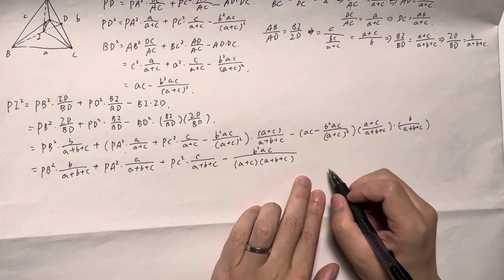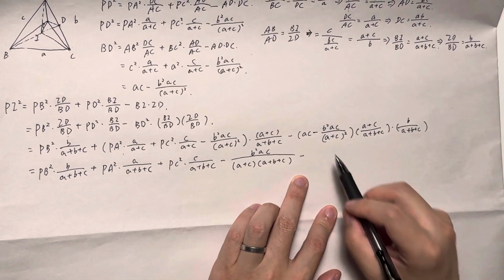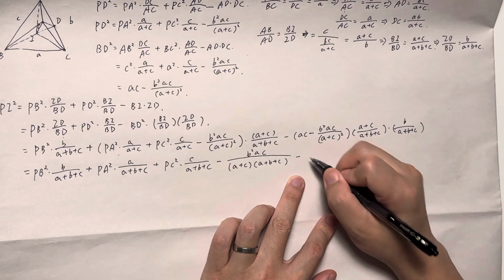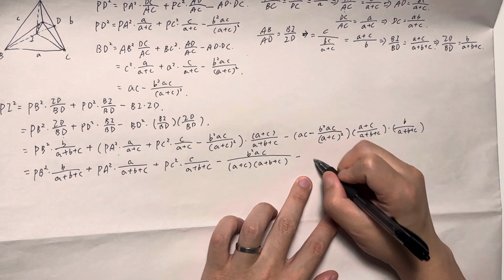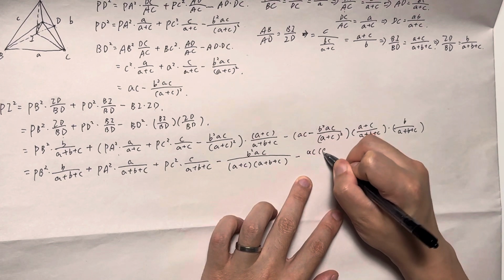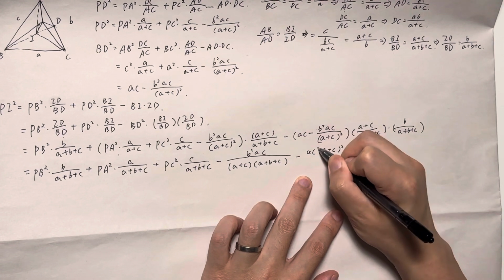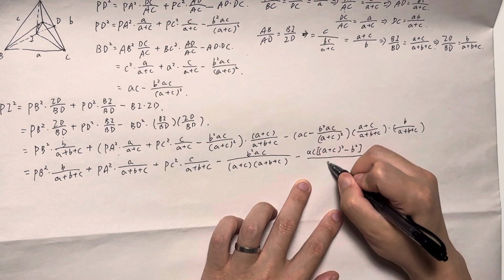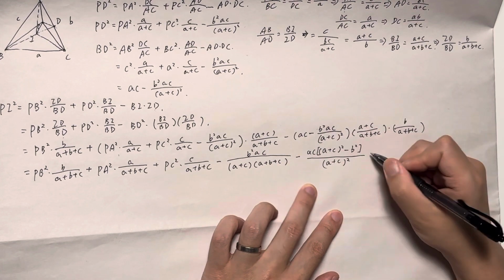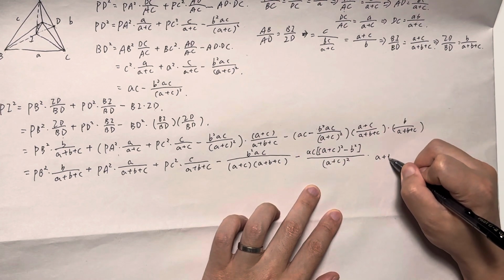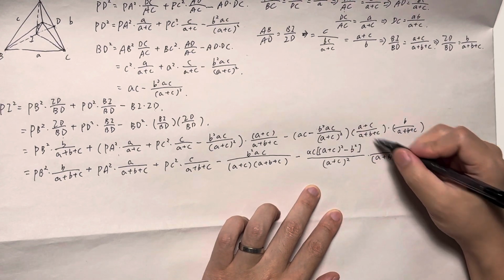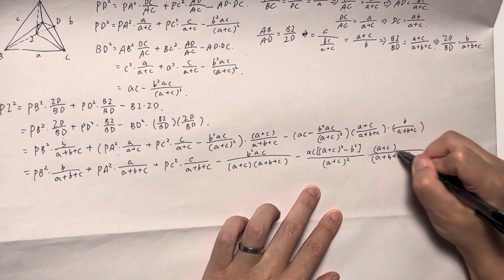And minus, so we can extract AC out here. So we have AC, A plus C squared minus B squared divided by A plus C squared times A plus B plus C squared. And here we have A plus C times B.